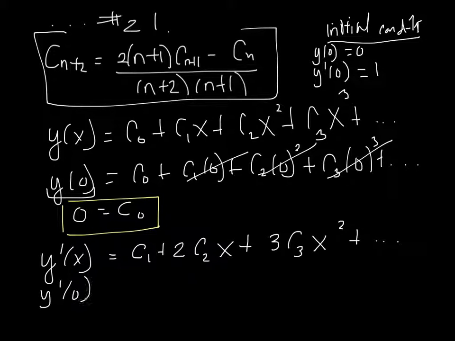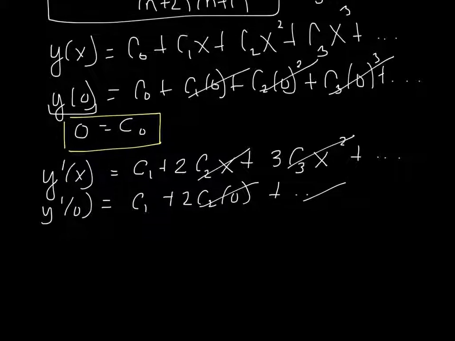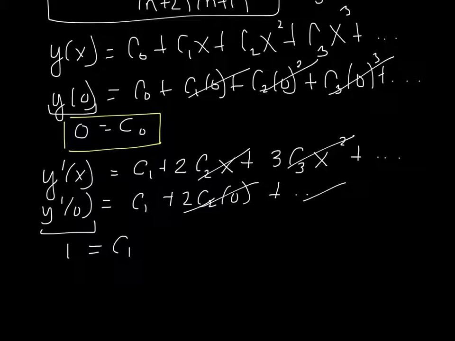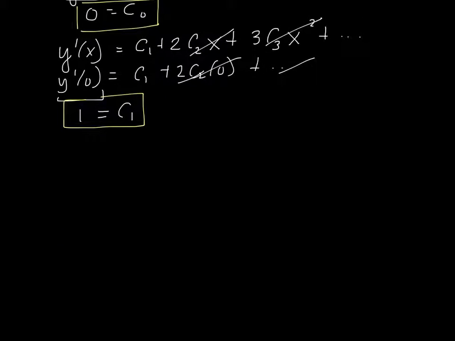And y prime of 0, similarly, all these terms are going to be gone, since any term that has an x, and they all have an x because it's a power series in x, vanishes. So 1 equals c1. So here are our c naught and c1: c naught is 0 and c1 is 1.